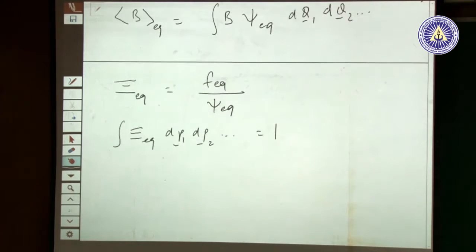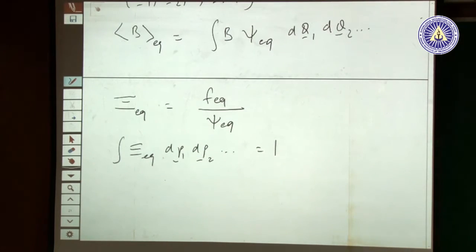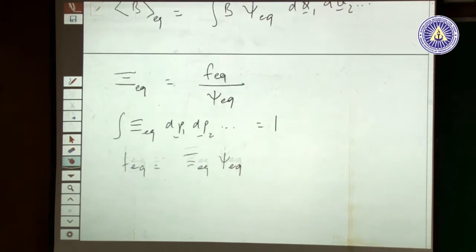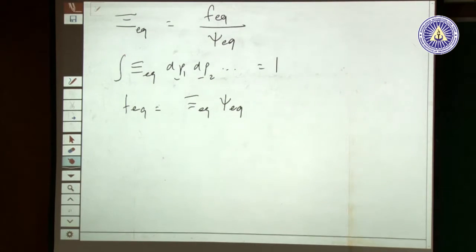So, I could write F equilibrium as psi equilibrium times the momentum distribution function.